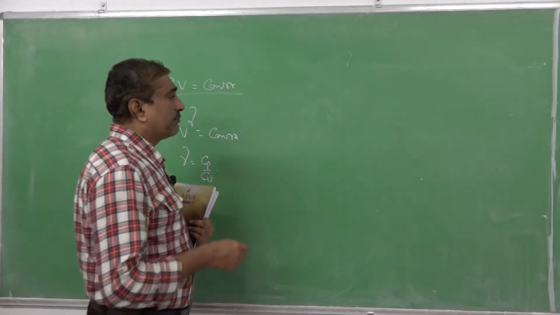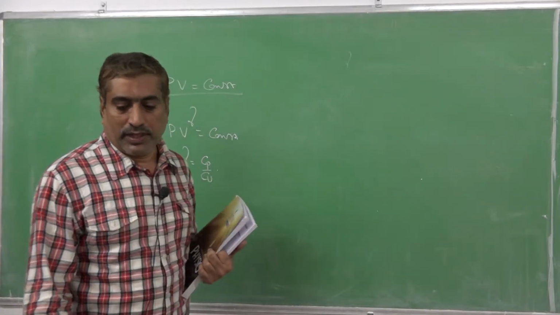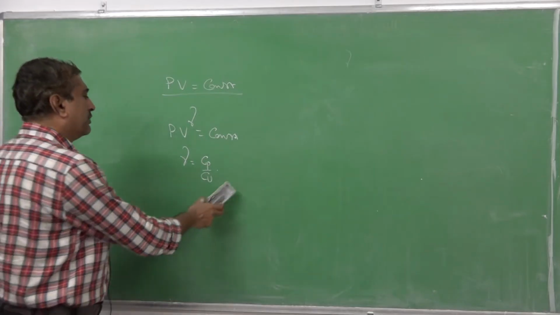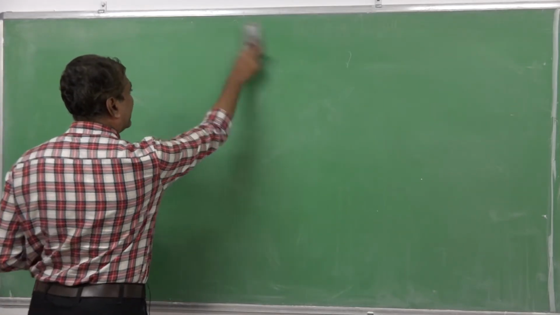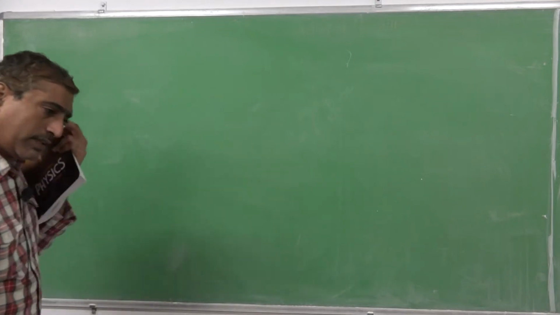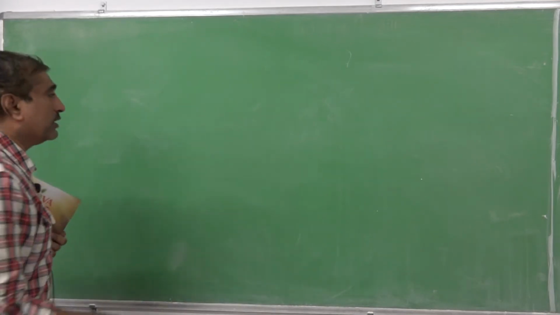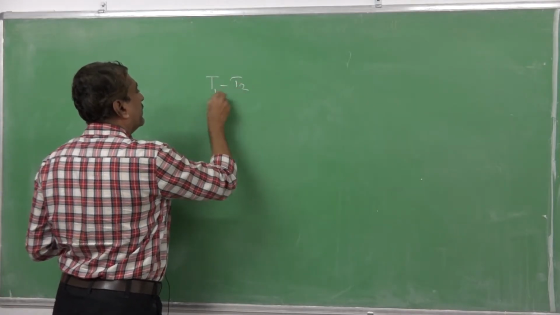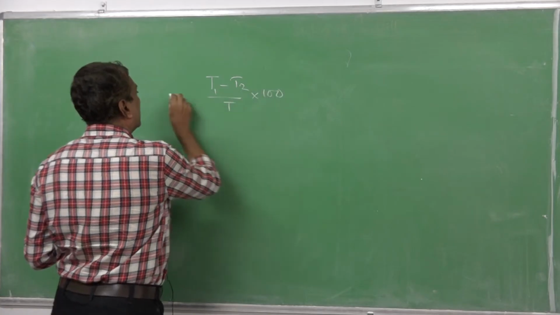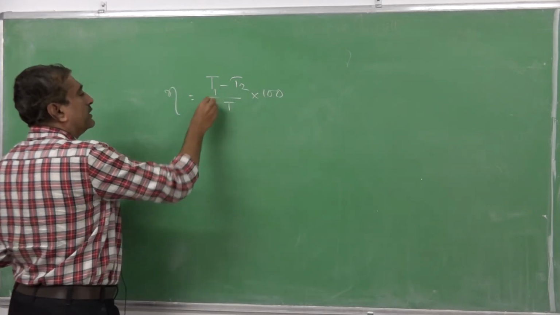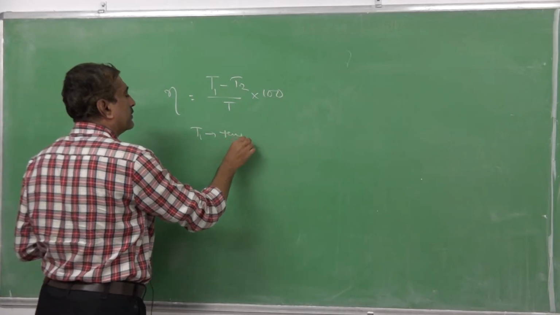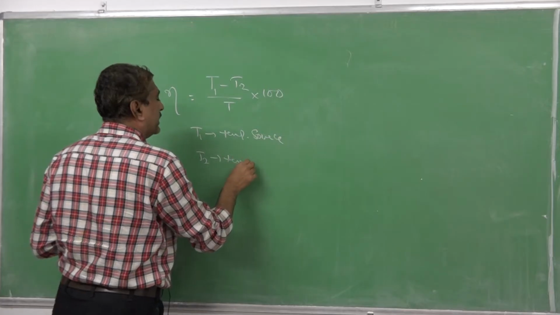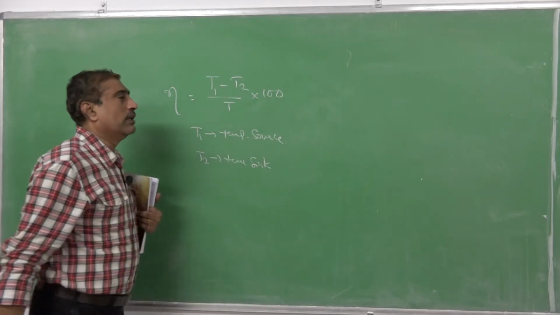Next, the heat engine. A heat engine is the conversion of thermal energy into mechanical energy. The efficiency of a heat engine is given by (T1 minus T2) by T1 into 100, where T1 is the temperature of the source, the body at high temperature, and T2 is the temperature of the sink, the body at low temperature.